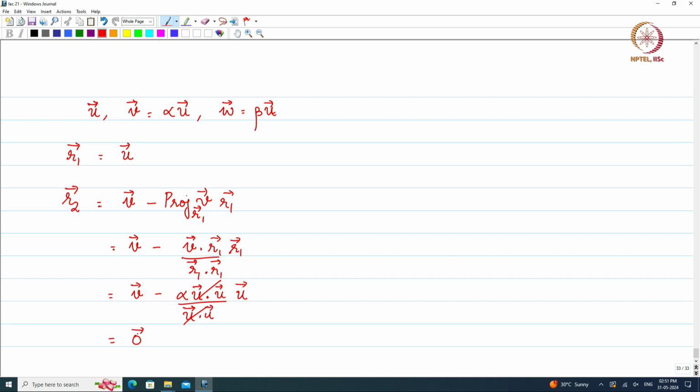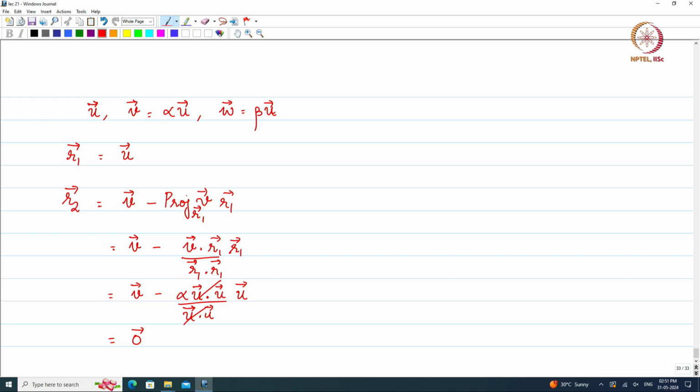Now what we see is, when the vectors are scalar multiples, or when the set of vectors is linearly dependent, then your Gram-Schmidt orthonormalization process terminates.